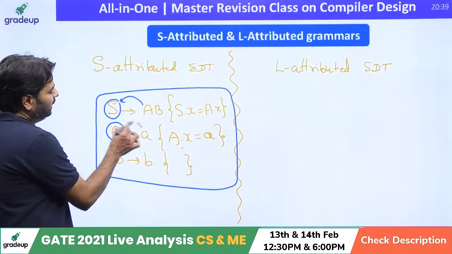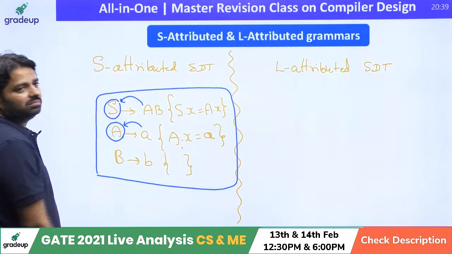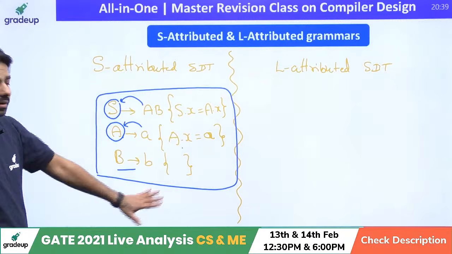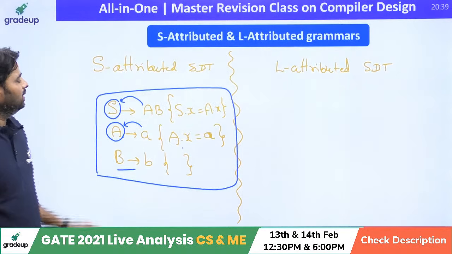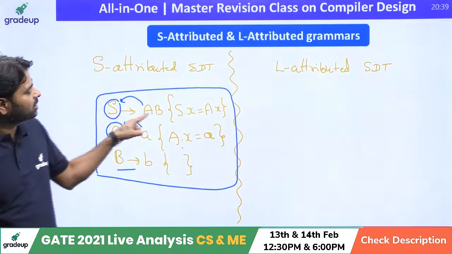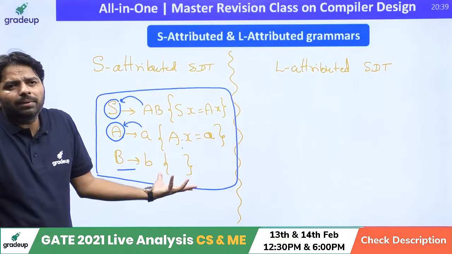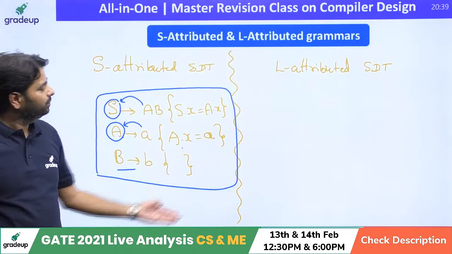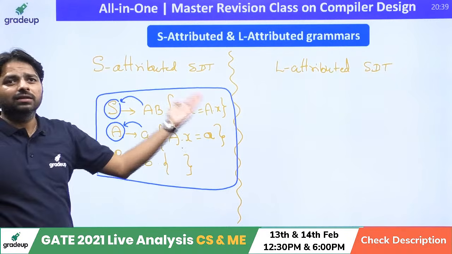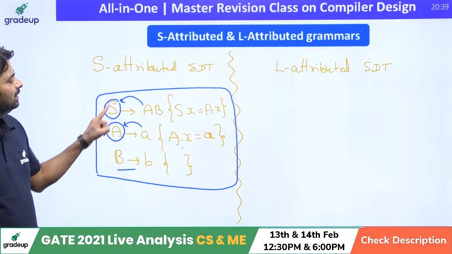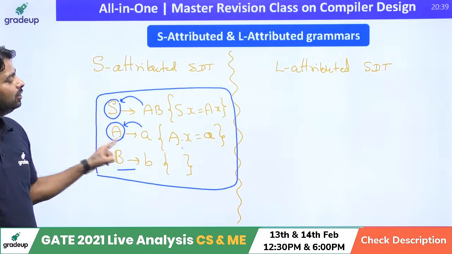You are computing by depending on its children, and at B no computation is happening here, that's fine. And look, in every production the computation depends on its children, or depends on nobody, that is fine. Then we call that attribute synthesized.